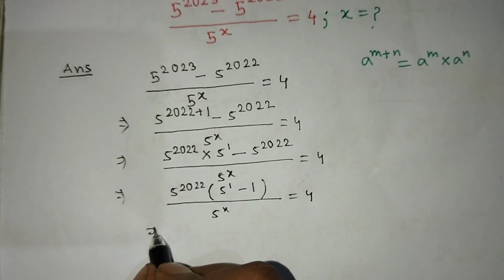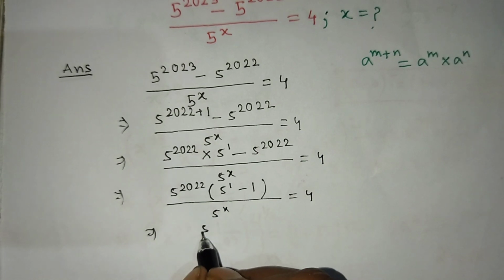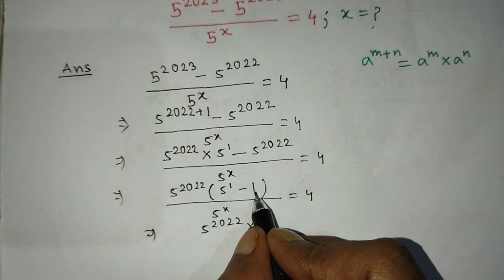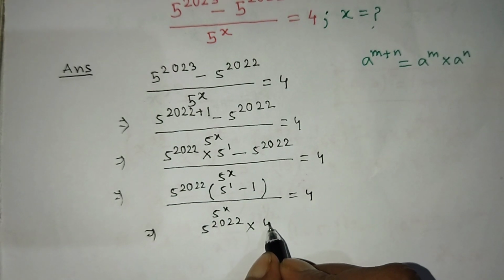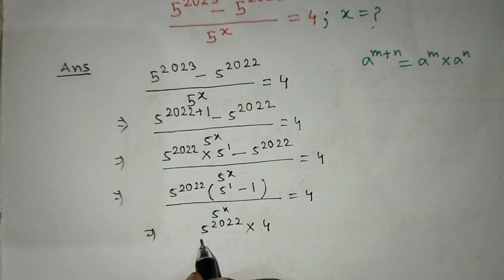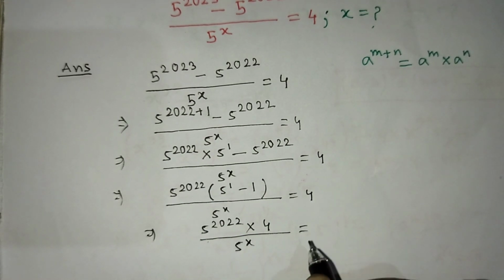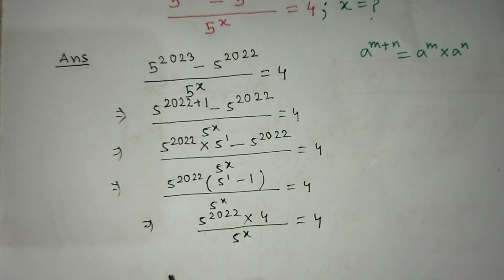So student, again we have to write 5 to the power 2022 into, if you subtract 1 from 5 then you get 4, so you have to write 4, divided by 5 to the power x is equal to, on the right hand side again 4.